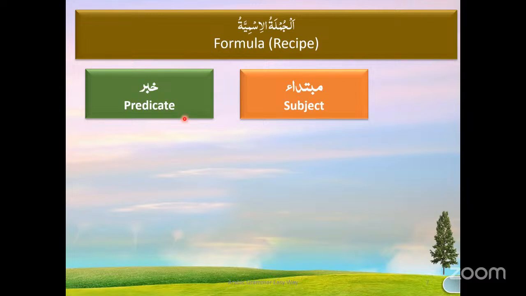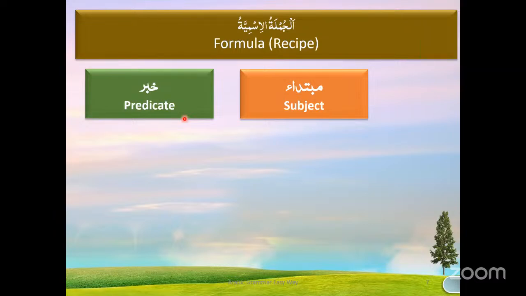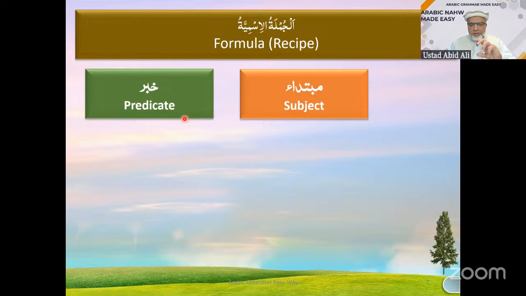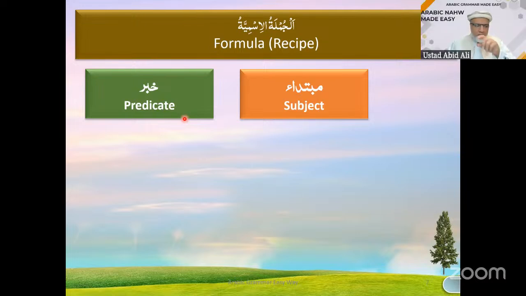They come in the start of the sentence. Okay, mubtada comes in the beginning of the sentence. That's correct. But what is the type of mubtada? Type would be Rafa, right? Okay, no, type is proper or common. Yes. So what is the type of mubtada?